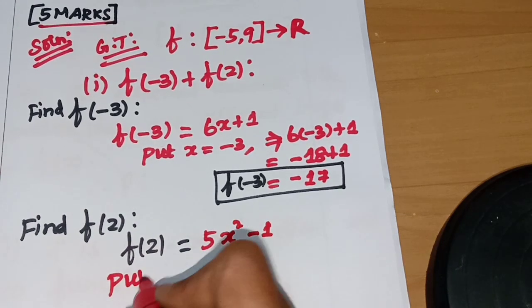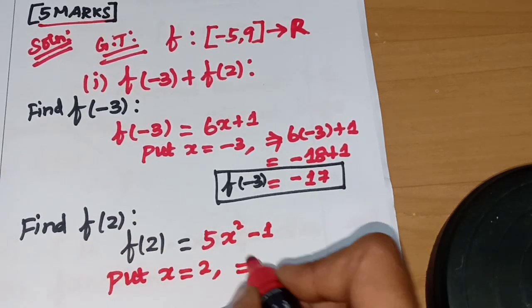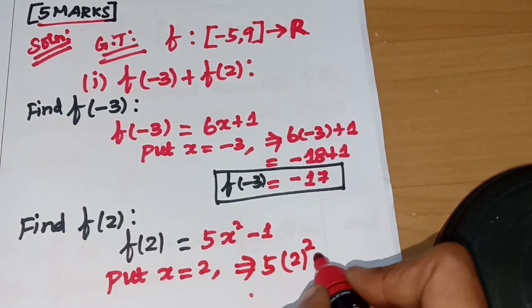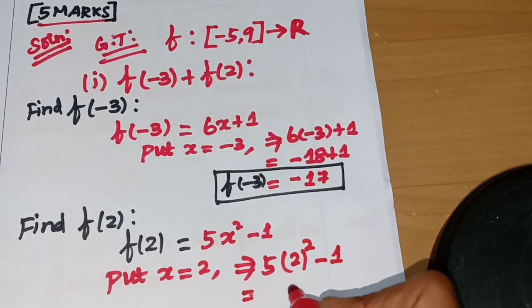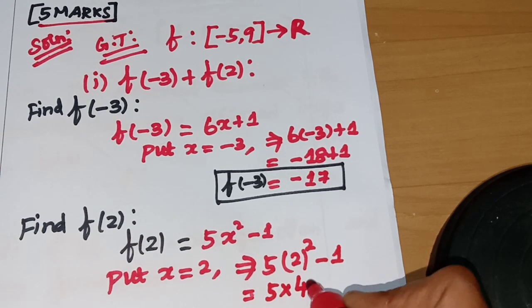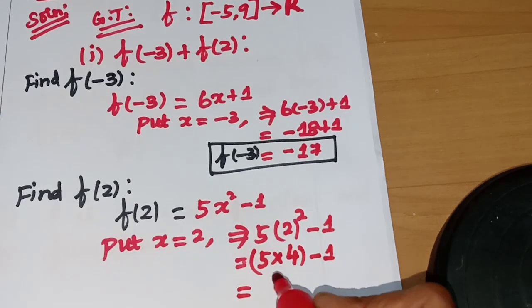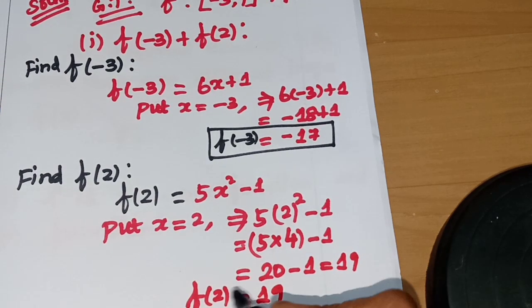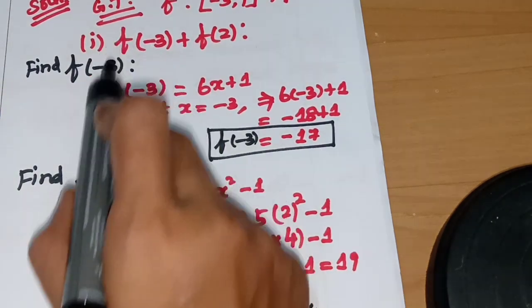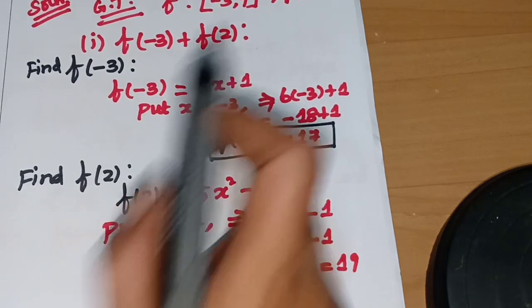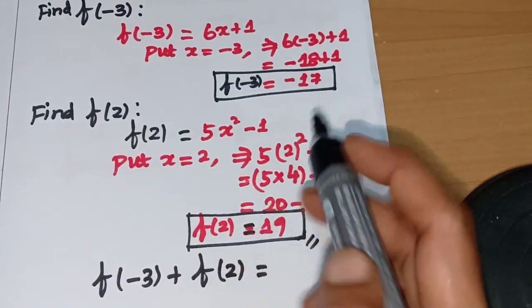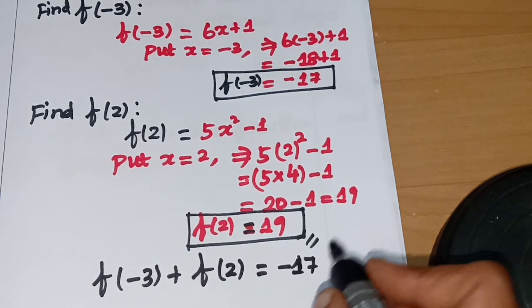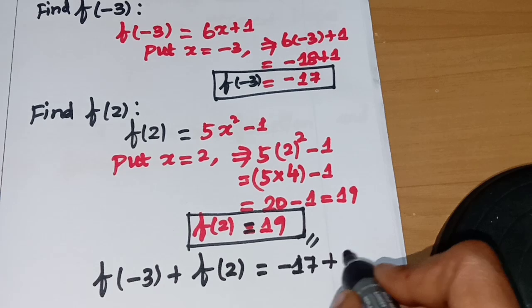Put x equal to 2 implies 5 into 2 square minus 1 equal to 5 into 4 minus 1, 20 minus 1 equal to 19. F of 2 equal to 19. See the question, f of minus 3 plus f of 2 equal to f of minus 3 value minus 17 plus f of 2 value 19.